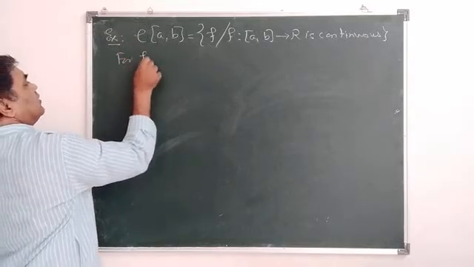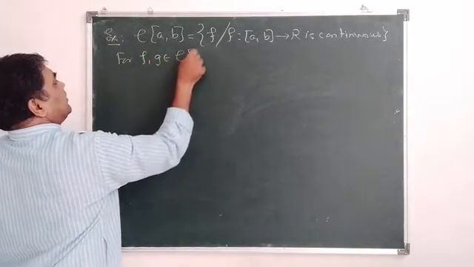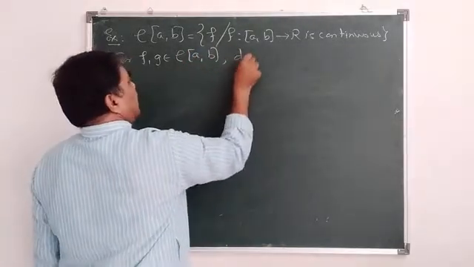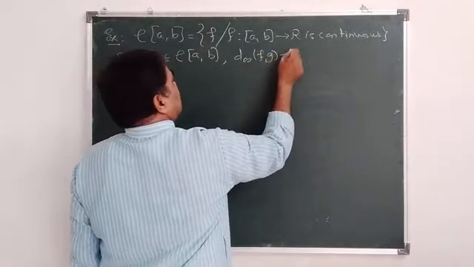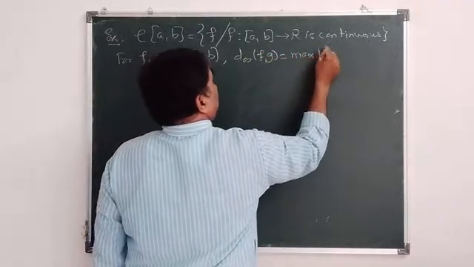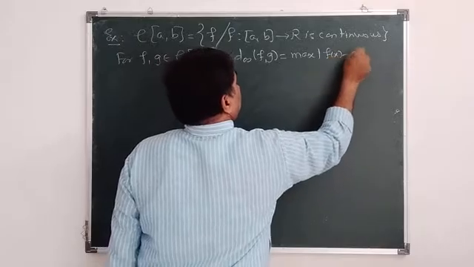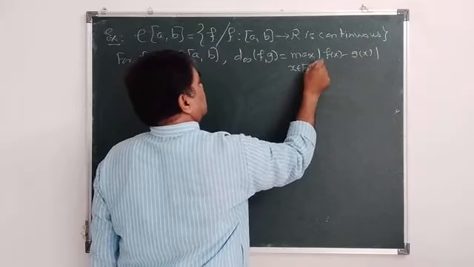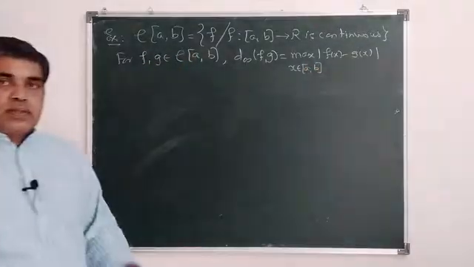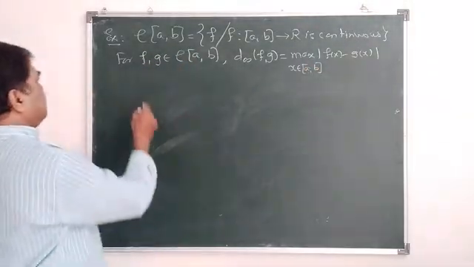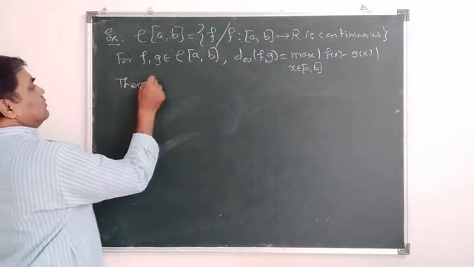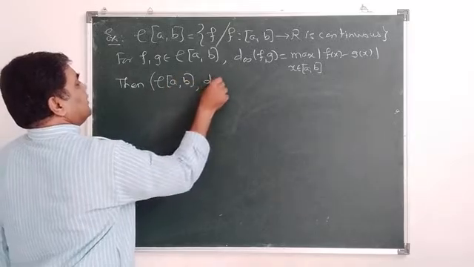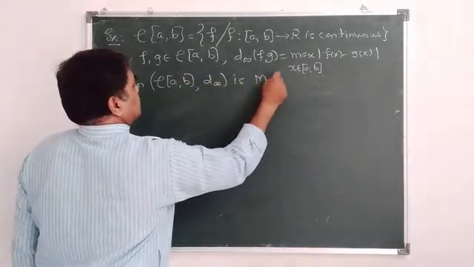For f, g belongs to CAB, means if f and g are continuous functions from AB to R, we will define d infinity of fg is equal to maximum of mod fx minus gx, x belongs to AB. Then CAB with this d infinity is a metric space.